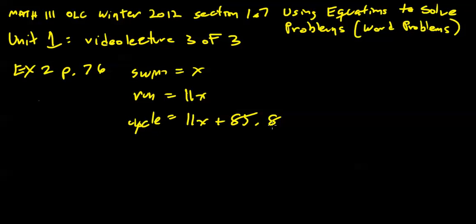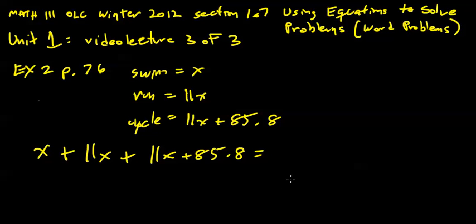Alright, so they tell us overall, the competition covers 140.6 miles. So I can easily make an equation out of this. I can say that the swim distance plus the run distance plus the cycle distance has got to equal the total distance of 140.6 miles.